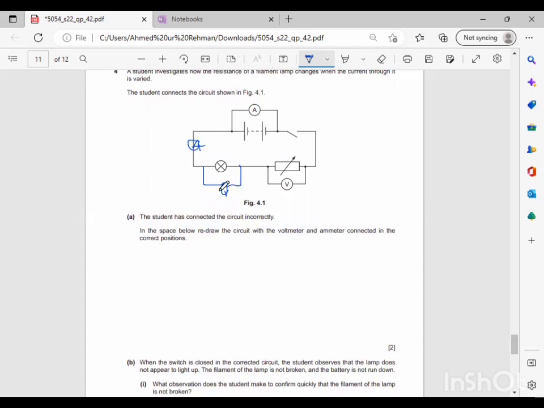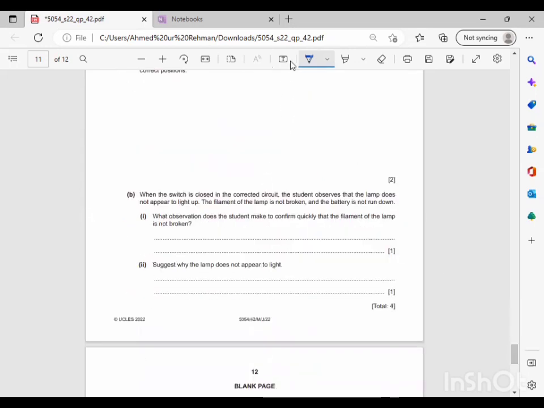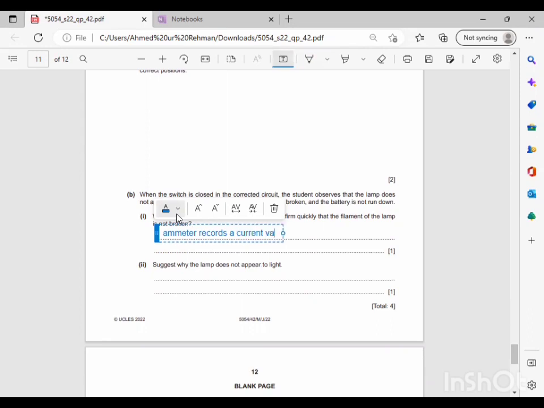Because if the filament had been broken, current would not be able to pass through. So if we have a current value recorded in the ammeter, that shows the filament of the lamp is fine. So the ammeter records a current value.